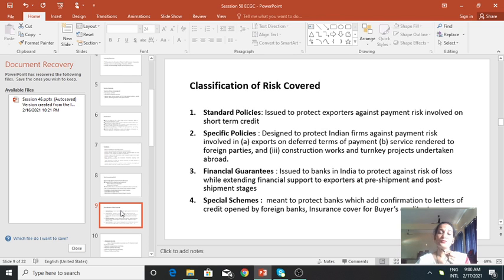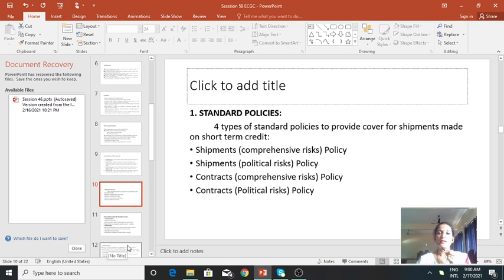Now, classification of risk cover, there can be 4 classifications. One is standard policies, next one is specific policies, next one is financial guarantees, and next one is special schemes. Now under standard policies, it can be further classified into 4. Usually it is given for short-term credit.